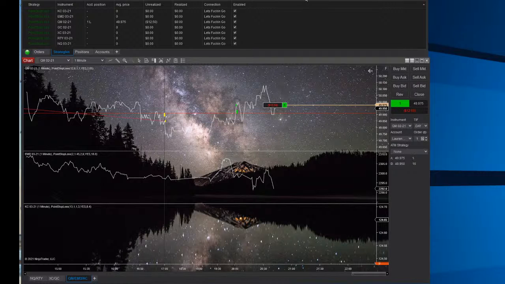So like the glide package or the micro package that a lot of people are doing, it's a $600 static drawdown, so it never moves. And then you have to make either $2,000 or $3,000 before you can pass the evaluation. And you have to trade at least 10 days. So you can't make $3,000 in one day and then not trade anymore. You have to trade for 10 days.